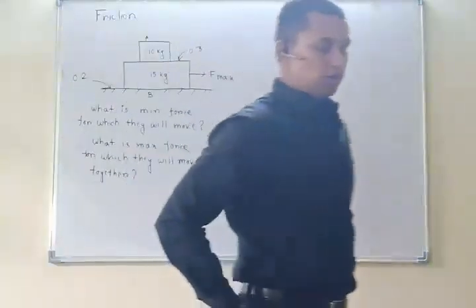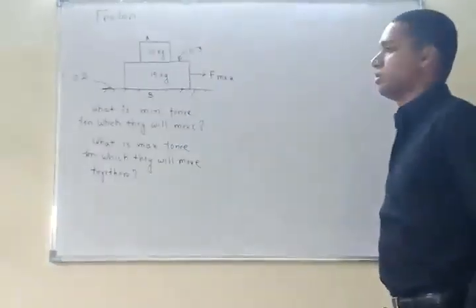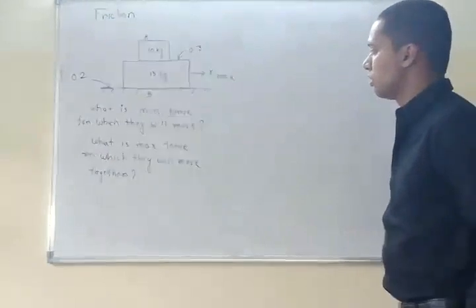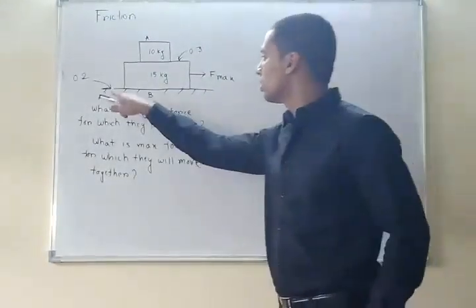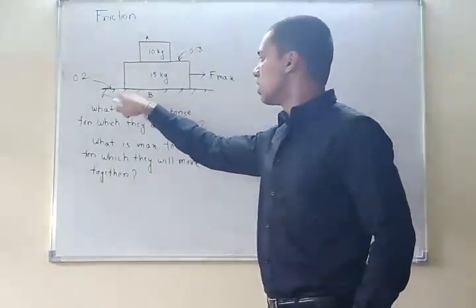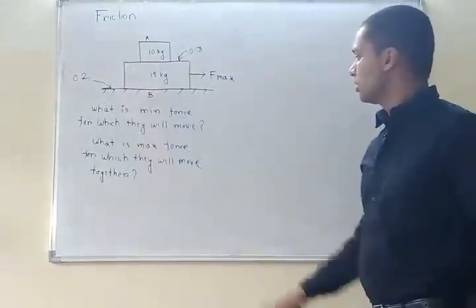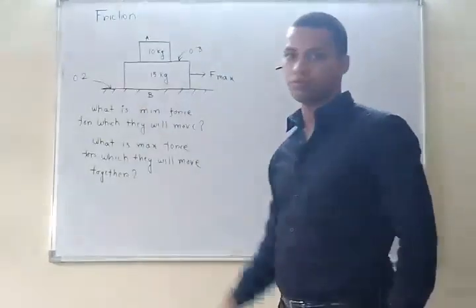Now if this is the question, how to solve it? I've told you that the minimum force depends on the friction at the bottom. The maximum depends on both of them.